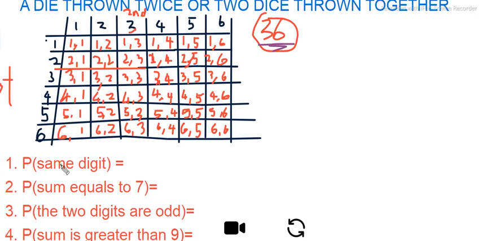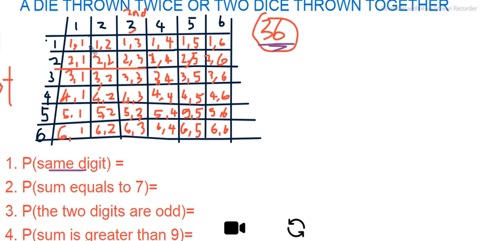If 2 dice are thrown together, what is the probability that we are going to have the same digits? What are they? We have 1 1, 2 2, 3 3, 4 4, 5 5, 6 6. So those gave us the same digits.